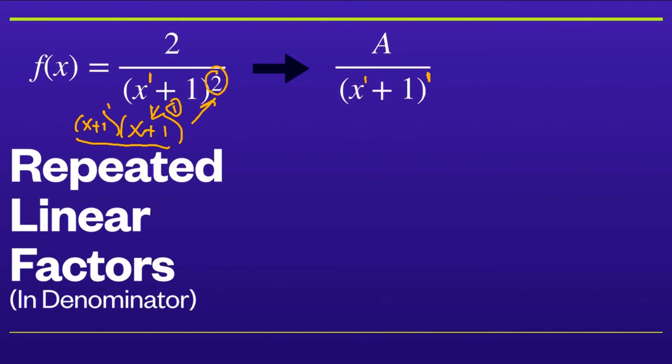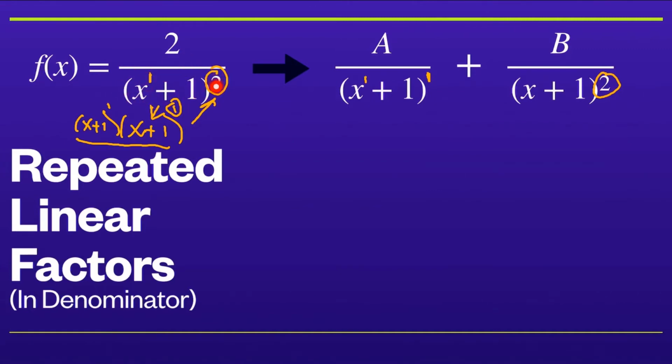So we have to account for x plus 1 to the first power. And we're always putting plus signs in between our fractions when we do the decomposition. And we also have to account for x plus 1 to the second power. So we need every power up into that power of 2. That would be your partial fraction decomposition for this fraction right here.